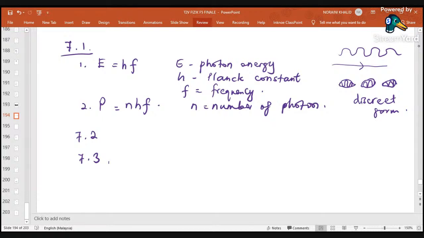So the work function W equals to hf0, Planck constant multiply threshold frequency. So this one we call it threshold frequency. And then you must be able to solve problem using Einstein equation for photoelectric effect, explain production of photoelectric current in photocell circuit application, and then describe application of photoelectric effect.